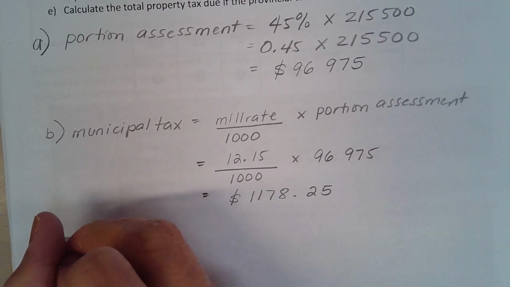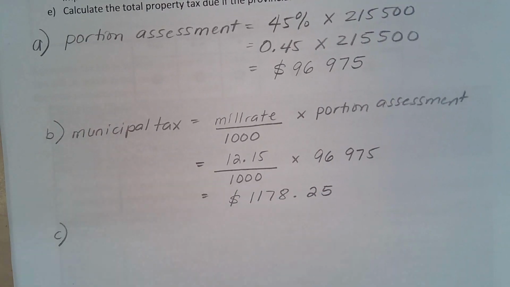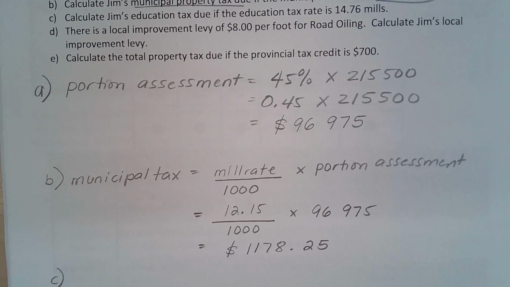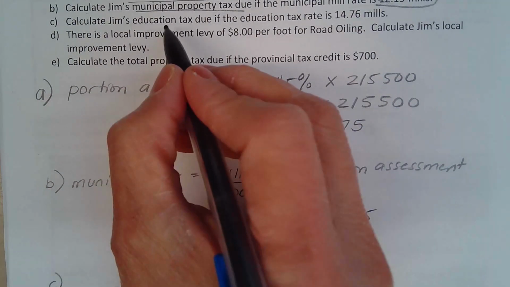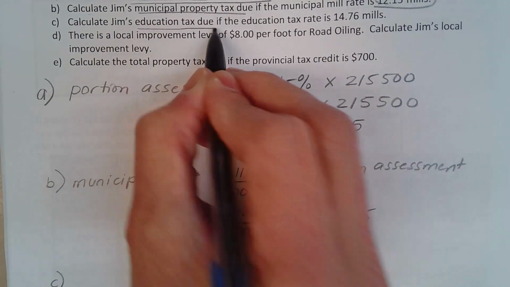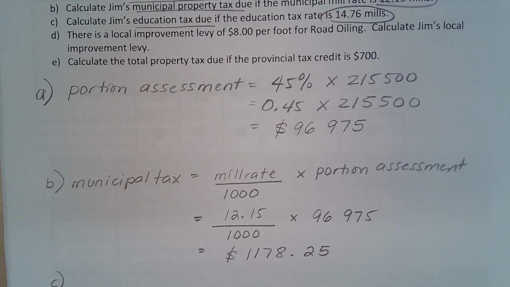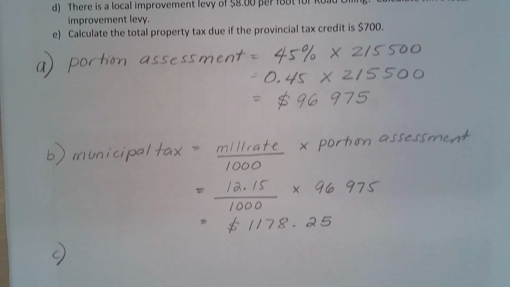Letter C. Calculate Jim's education tax. Education tax is different because it has a different mill rate. So we're going to do education tax.